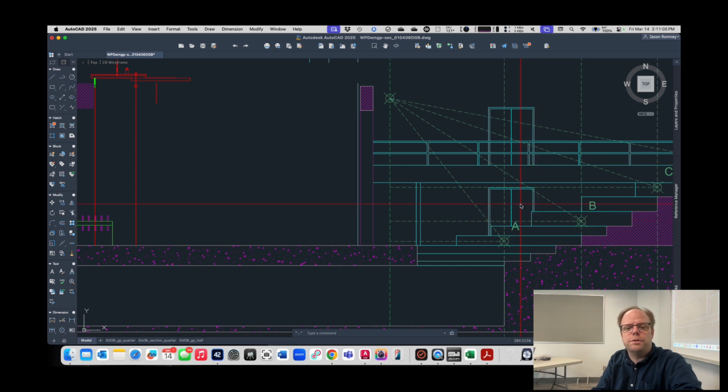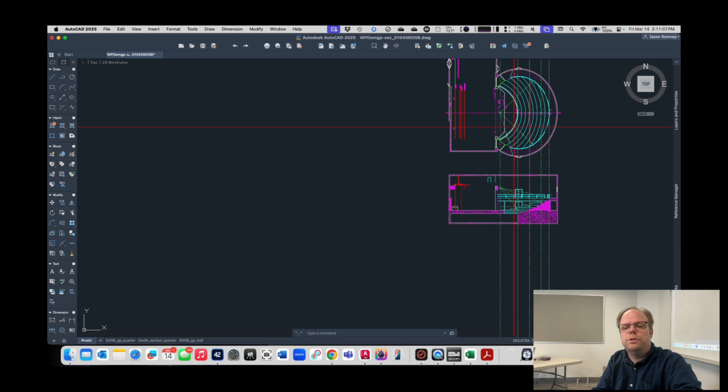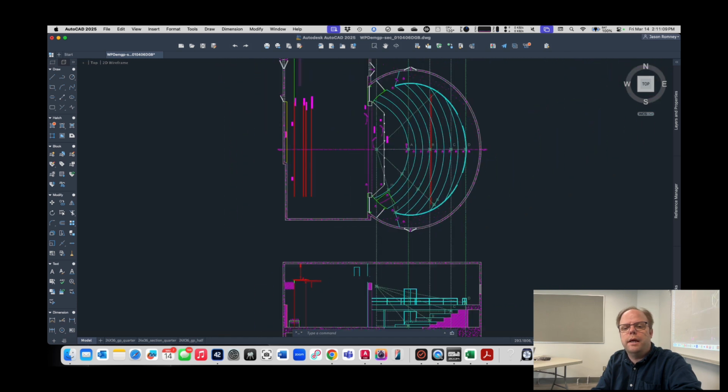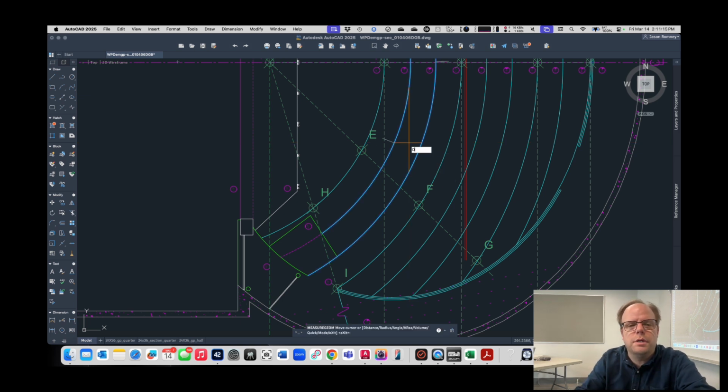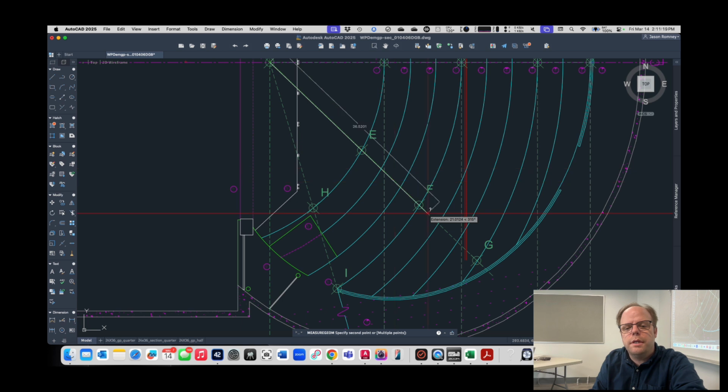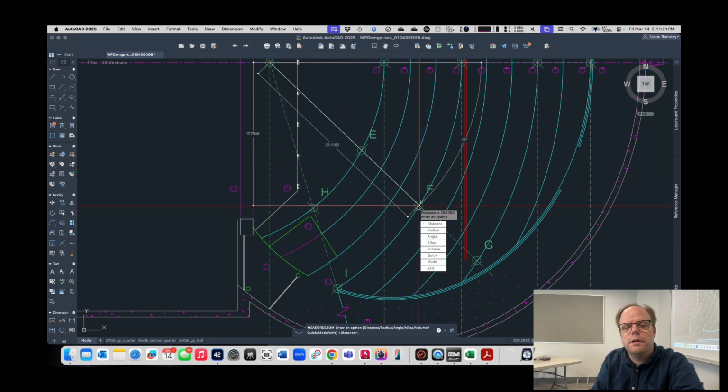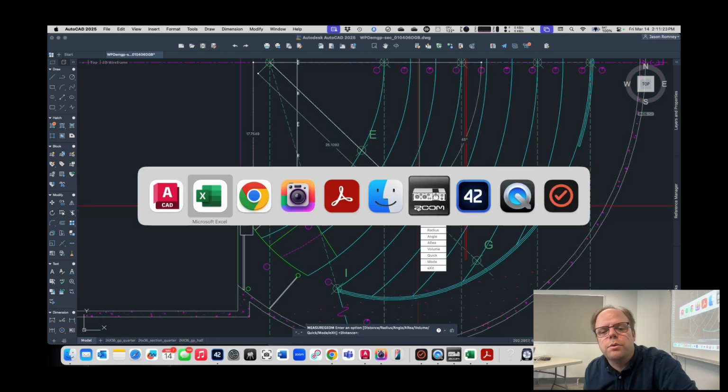All right, let's measure the other stuff now. So if we go to seat F, we can measure this one, and we're going to go from here to seat F, and that is 26.1092.